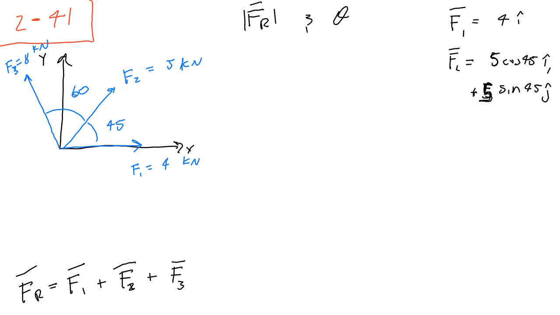Basically, I got those from projecting force 2 that was right here. So that right there is force 2's X component, and this one is F2's Y component.